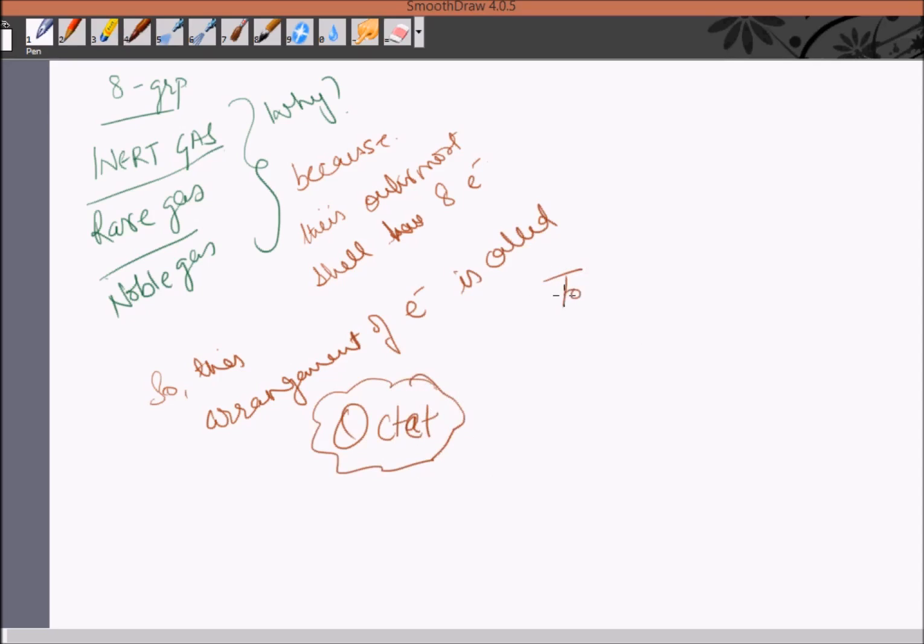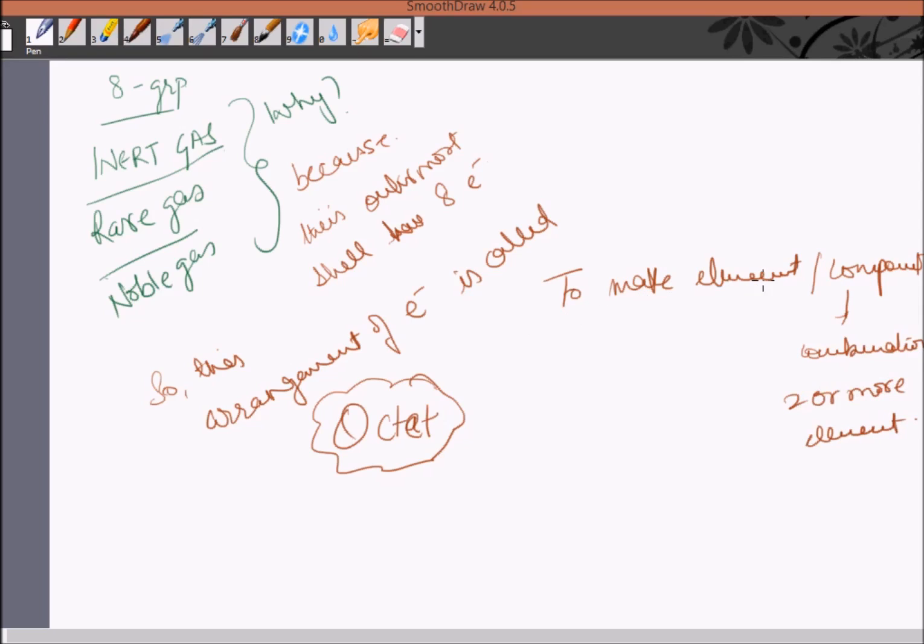And to make an element or compound stable, what is a compound? It is a combination of 2 or more elements.